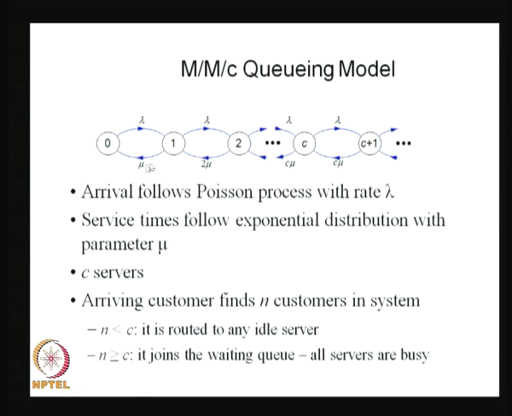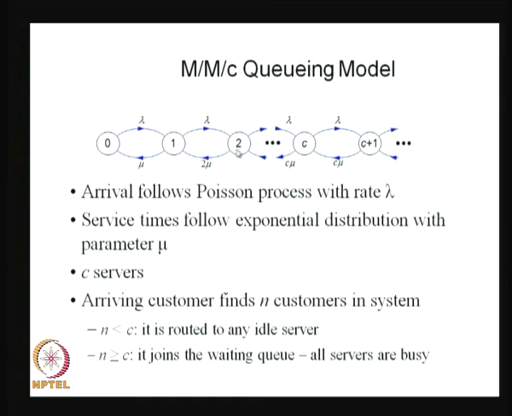Therefore, whenever the service is completed, the system goes from state 1 to 0, and the rate is mu. Whereas from 2 to 1, there are two customers in the system and both are under service. If any one of the servers completes his service, then the system moves from 2 to 1.